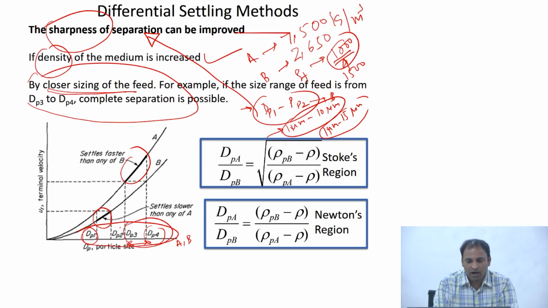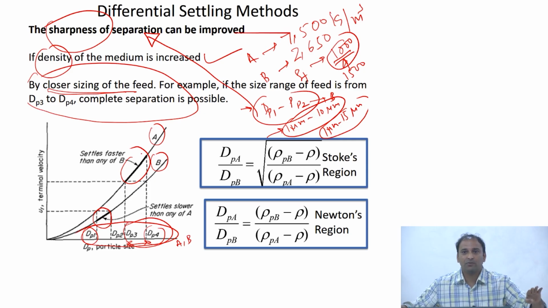If that is the case, I know that the size range dp3 to dp4 of A settles the fastest. That means I can separate out all the particles of A into a pure fraction, and again, the same size range dp3 to dp4 of B settles the slowest, so I can also separate that into a pure fraction. So there are two ways of increasing the sharpness of separation.